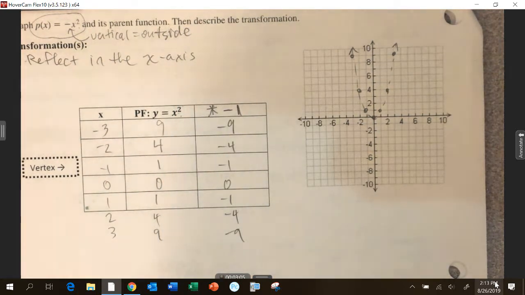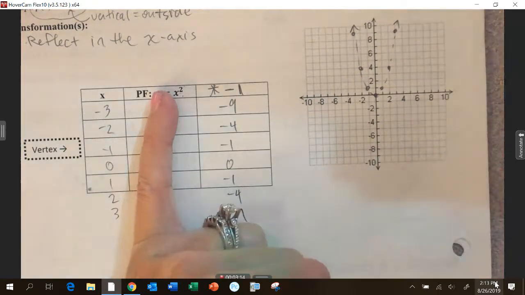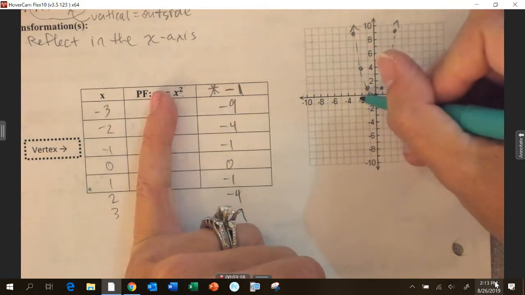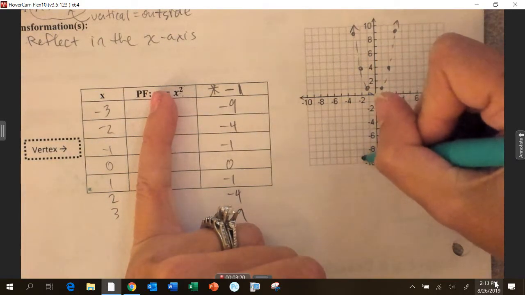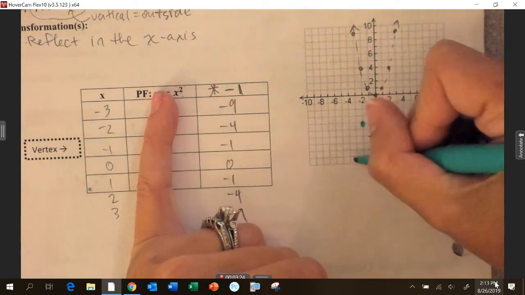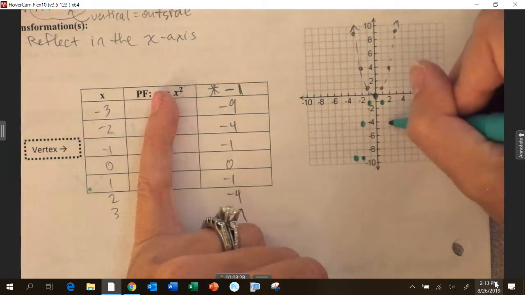Then our next job is to graph the transform. So we're going to graph it where it's flipped down. What we do is we ignore the original y's. We use the same x's. We use the new y's. So negative 3, negative 9. Negative 2, negative... oh, I'm not in the right place. Shoot. Negative 1, 0, 0. 1, negative 1.